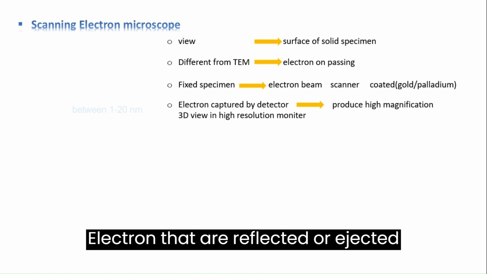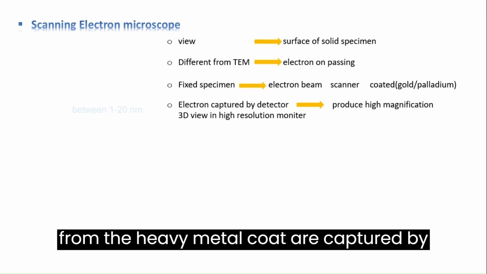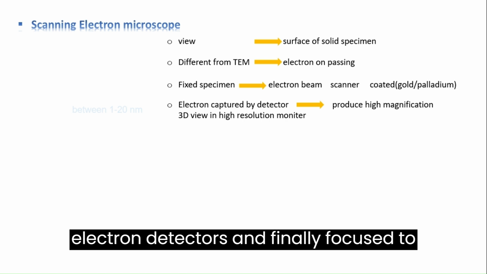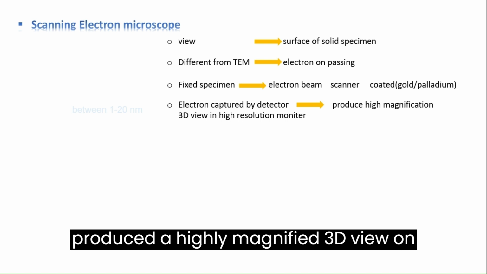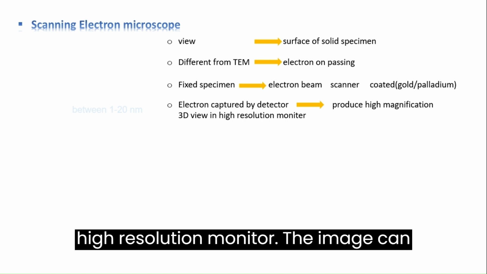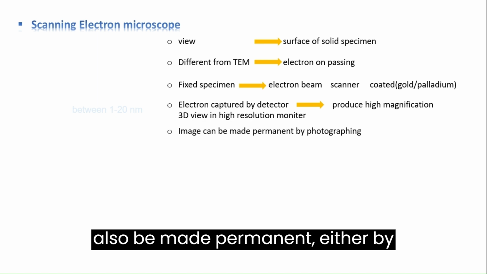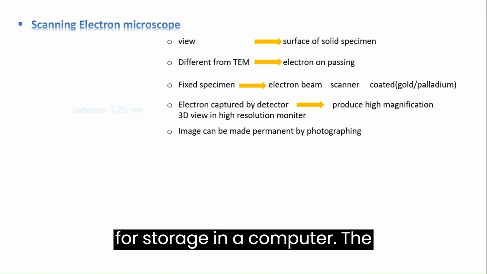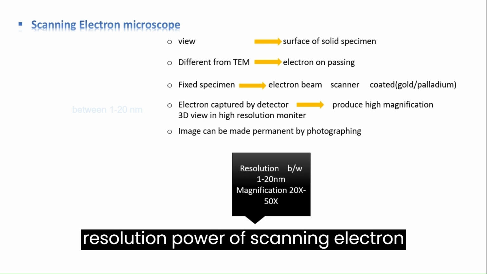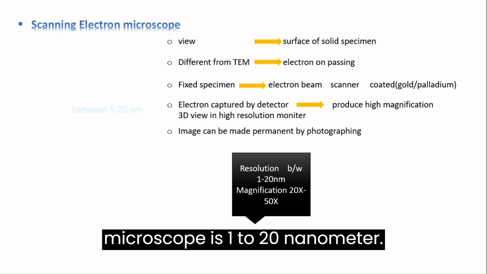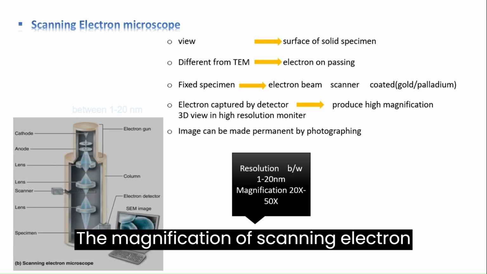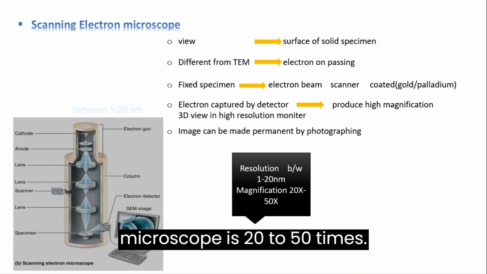Electrons that are reflected or ejected from the heavy metal coat are captured by electron detectors, and finally focused to produce a highly magnified 3D view on a high-resolution monitor. The image can also be made permanent either by photographing it or by digitalizing it for storage in a computer. The resolution of the scanning electron microscope is 1 to 20 nanometers. The magnification of the scanning electron microscope is 20 to 50 times.